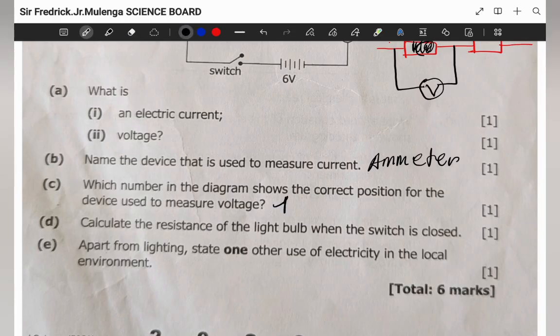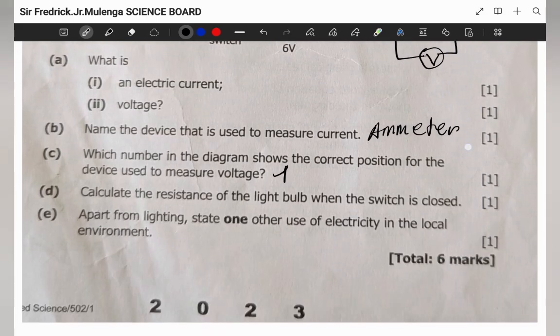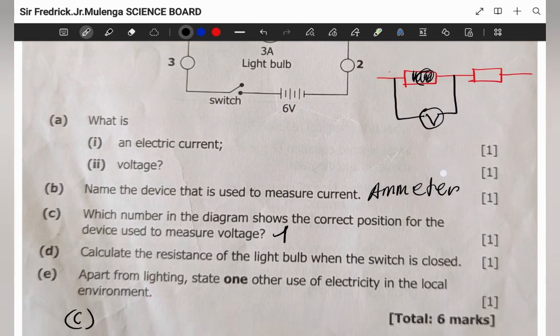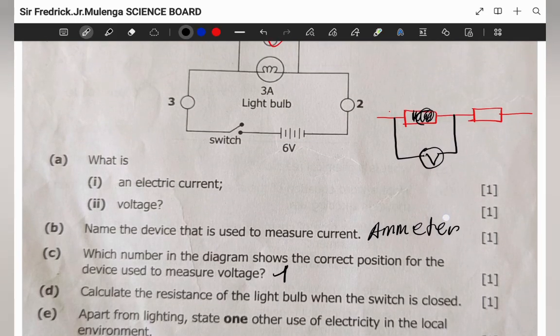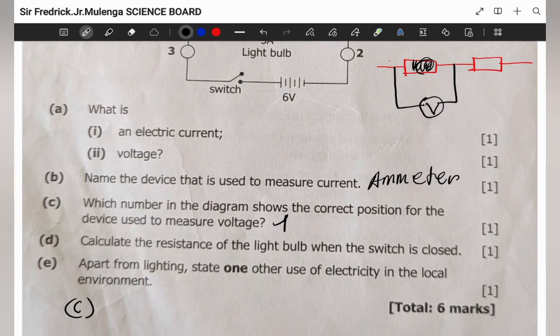Calculate the resistance of the light bulb when the switch is closed. So let's correct the data for this part. We have the current given at the bulb as 3 amps.